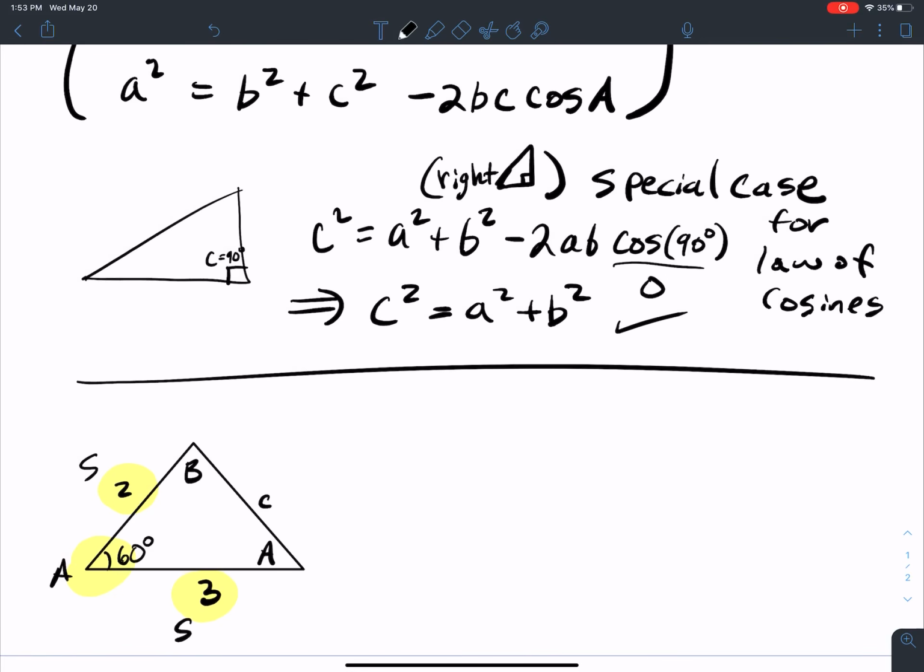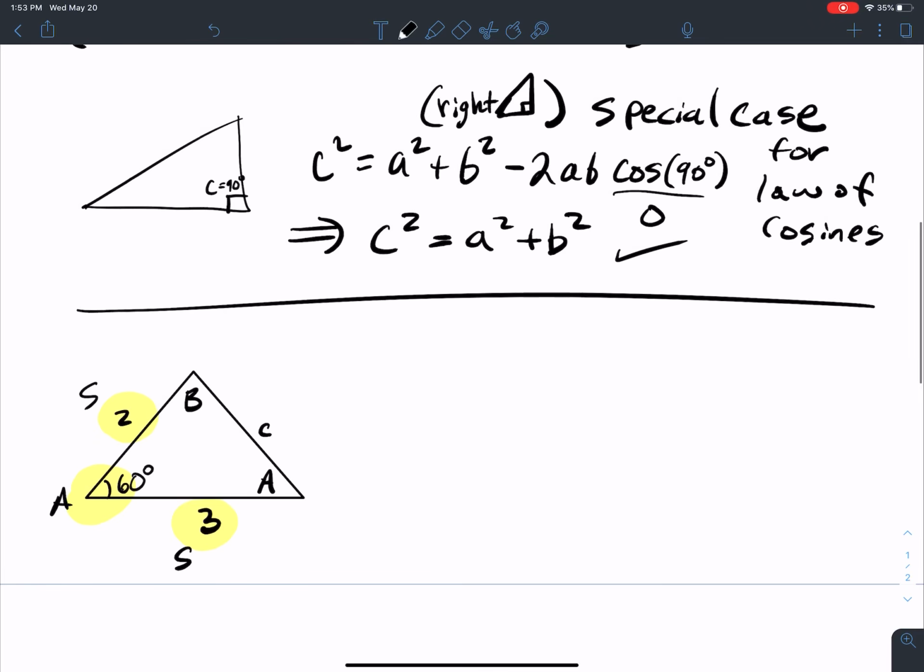Okay? So, how do I do this? Well, say I want to know what c is. I do c squared equals a squared plus b squared, the sum of the two other sides squared, minus 2 times the other sides multiplied times the cosine of angle C.